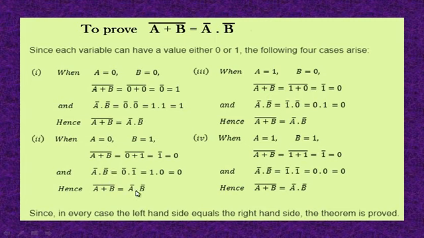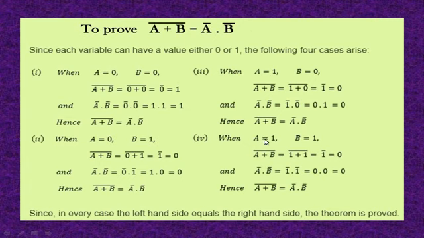When A is equal to 1, B is equal to 0, by putting the value, 1 plus 0 is equal to 1 and complement of 1 is equal to 0. For RHS, A complement dot B complement, complement of 1 dot complement of 0 will be 0 dot 1, equal to 0. For case 3, A 1, B 0, LHS is equal to RHS.